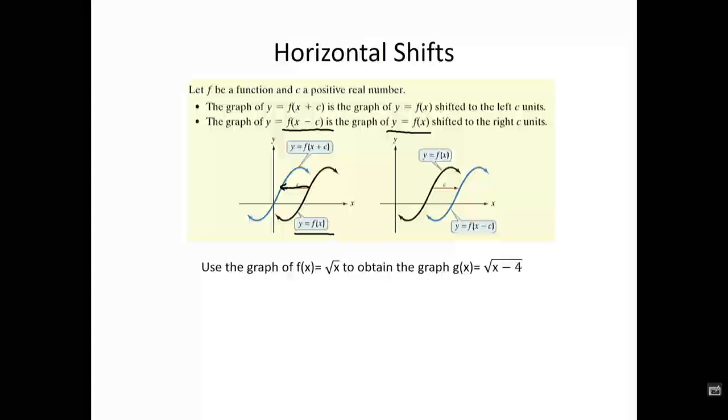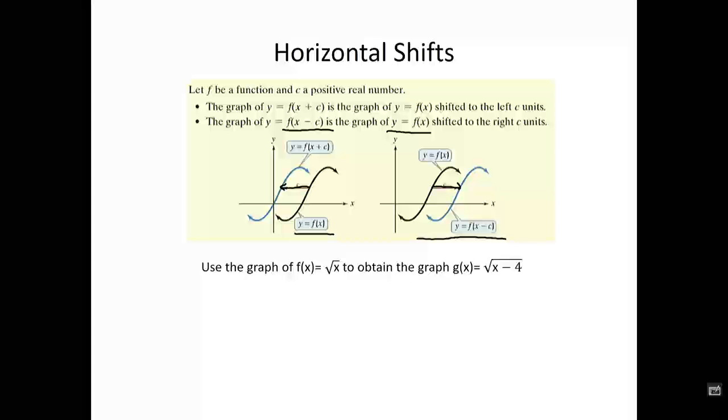If it's x minus c, I'm going to shift the graph of f of x c units to the right. Upon shifting c units to the right, I then have the graph of y is equal to f of x minus c. So this is a horizontal shift c units to the right.